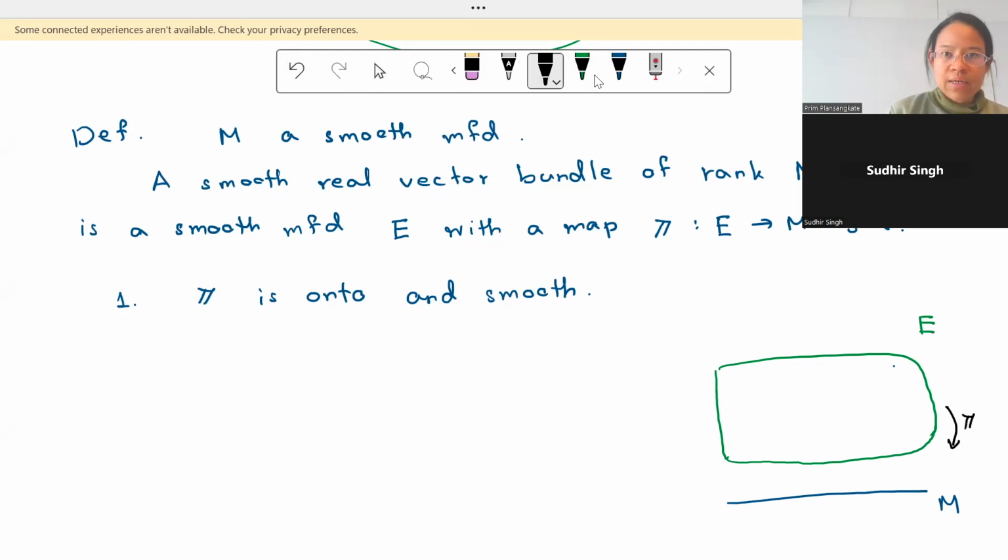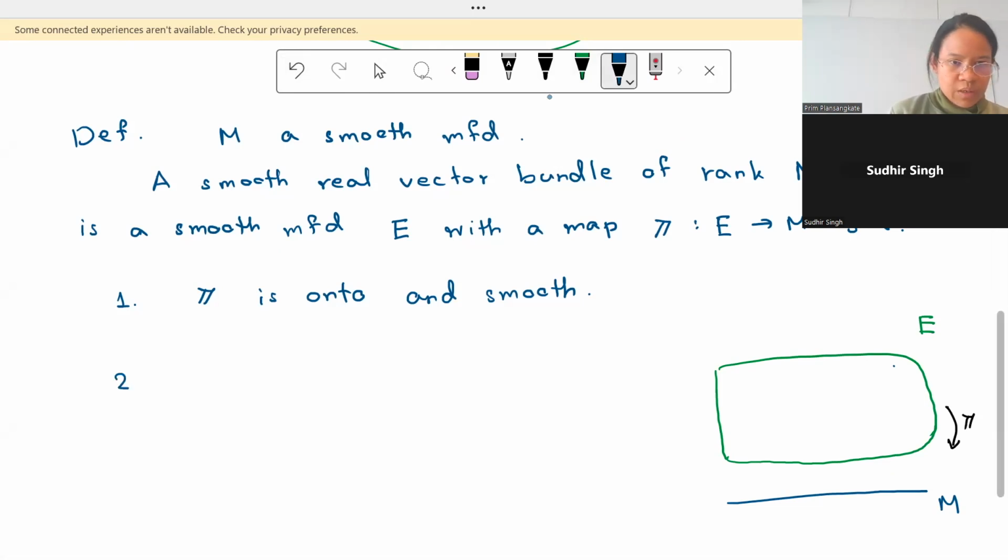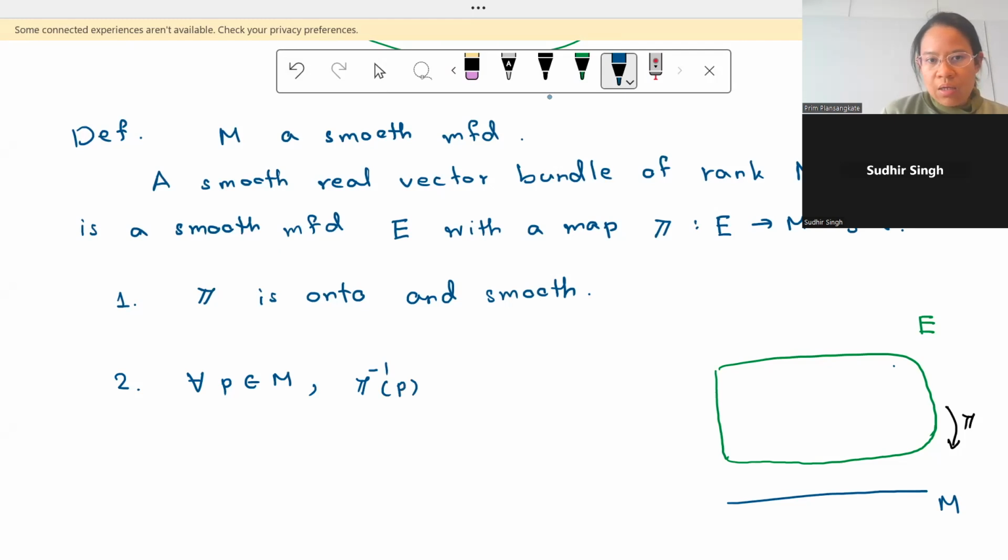Then the second property: for each point P in M, the preimage under pi of the point P is a vector space.